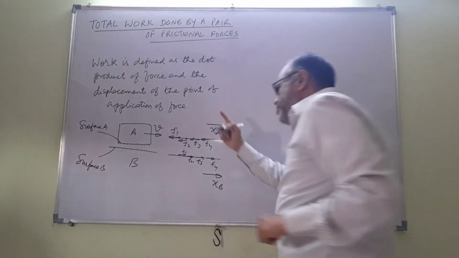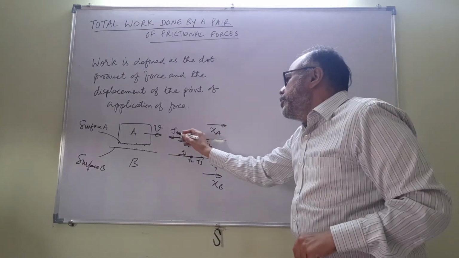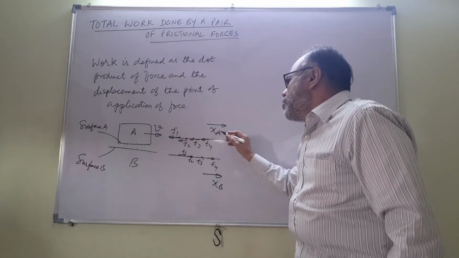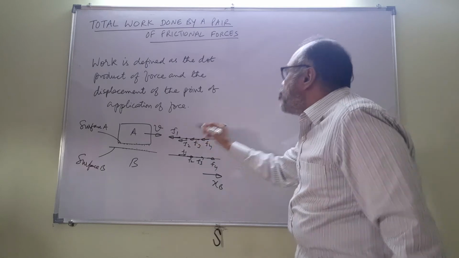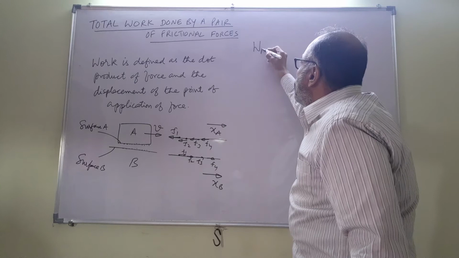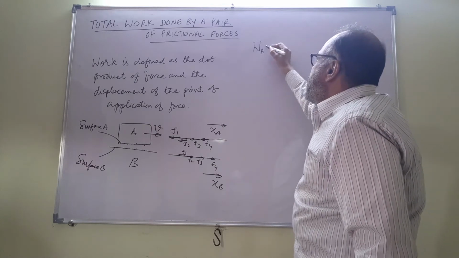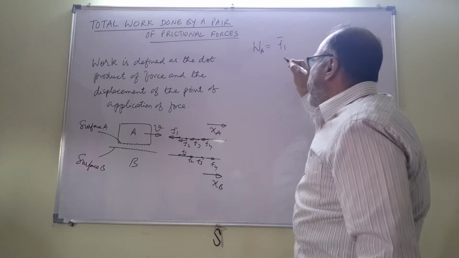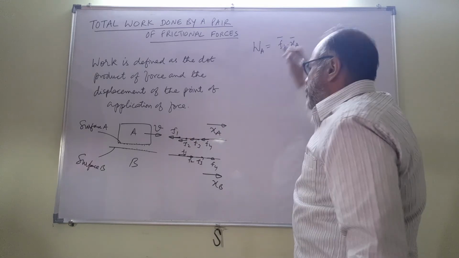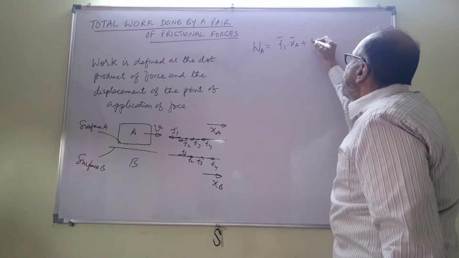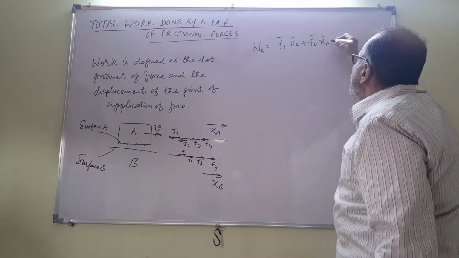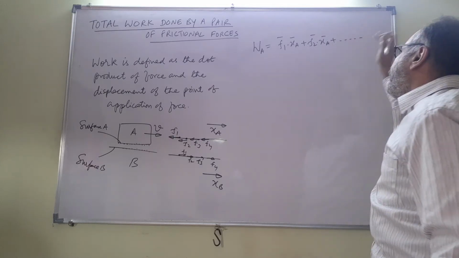So let us apply the basic definition of work. It is the dot product of the force and the displacement. So I can say the work by the frictional forces at the surface A would be F1 vector dot XA, plus F2 vector dot XA again, and so on.